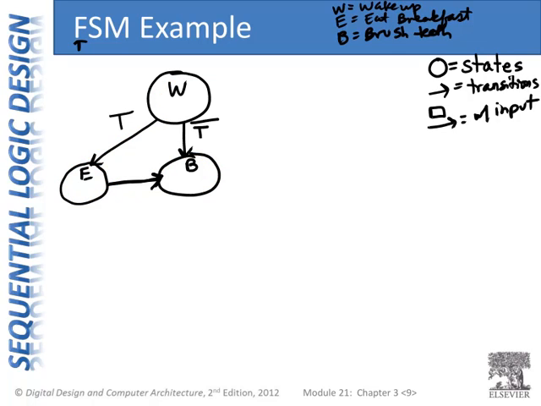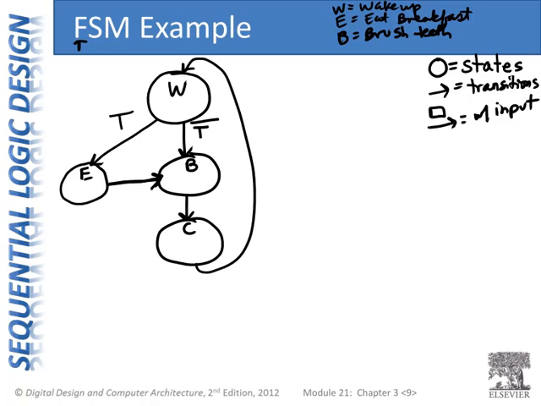Now after the brush teeth state, maybe at that point we go to the class state, so going into class. And then just to make it easy, maybe at that point we go back to the wake up state, but we're not going to talk about any implications of that.